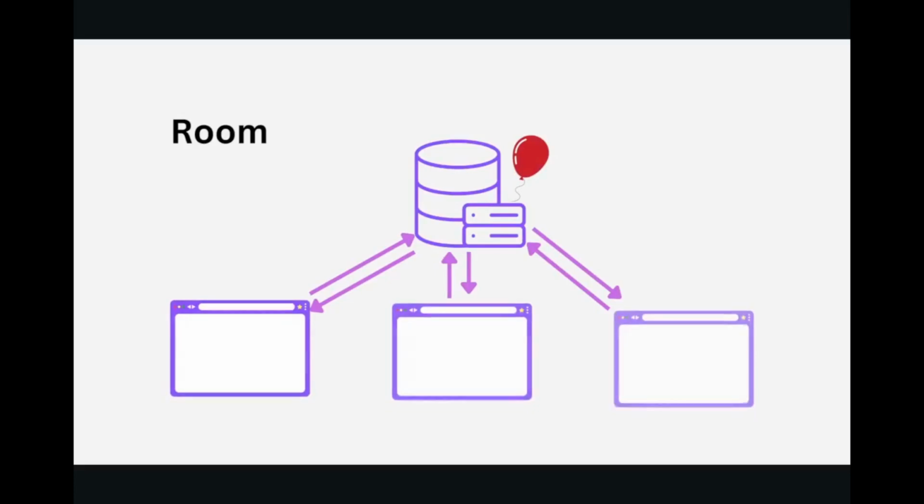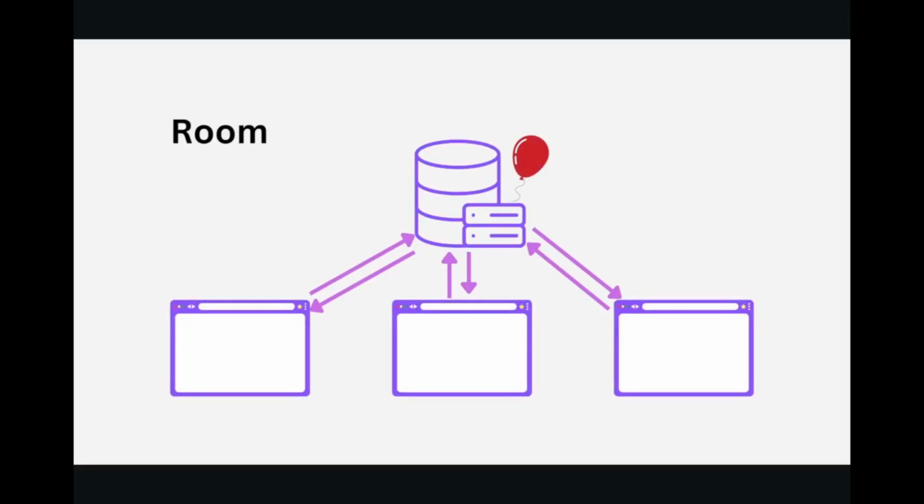Now, it's probably a good idea also to understand the terminology that PartyKit uses. They have this term called a room, and a room is basically just the server handling many connections, right? So you could have between 0 and n clients all connected to one server, and that's called a room. But you could have multiple rooms as well.